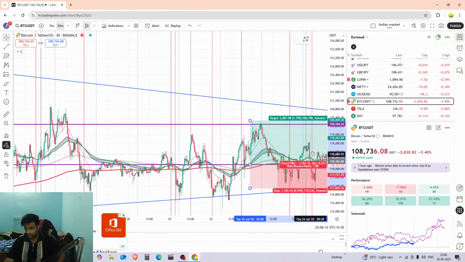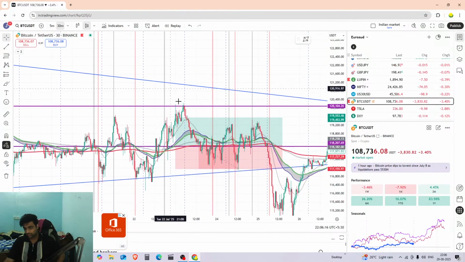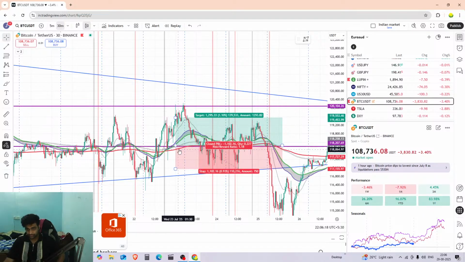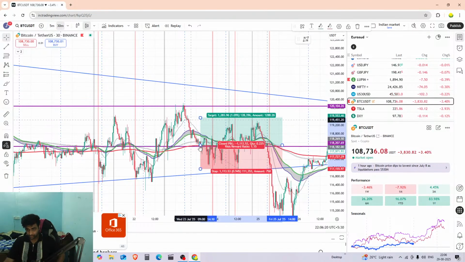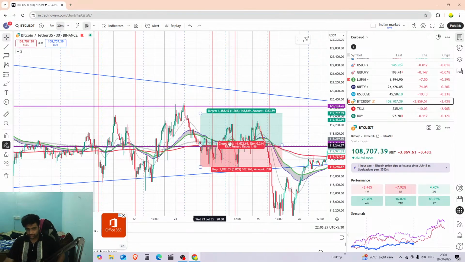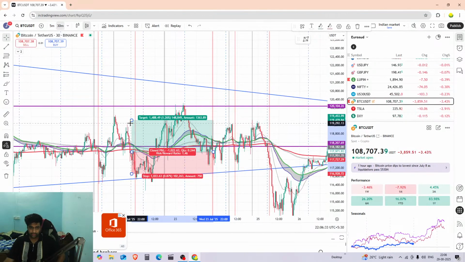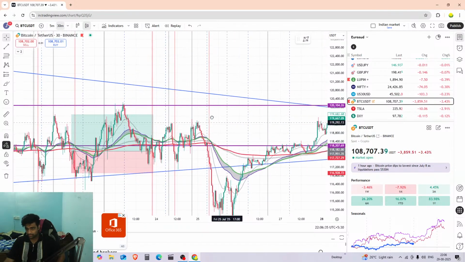I went long here as well. Here also we got the 1:2. See, we got 1:1.5 easily. 1:1 at least. Okay, we'll take this loss, but still, when we are making money, what's important is we are making a lot. That's what is important.